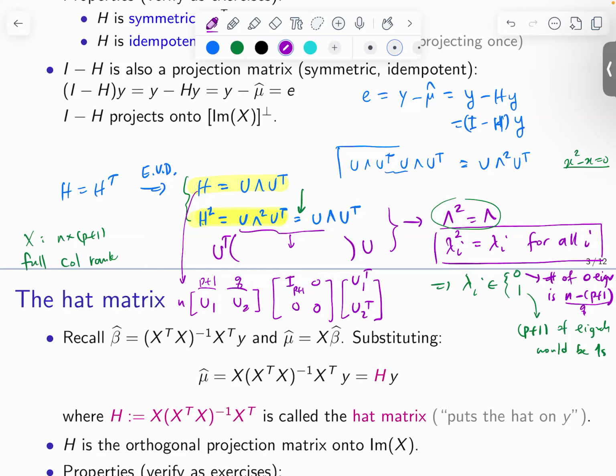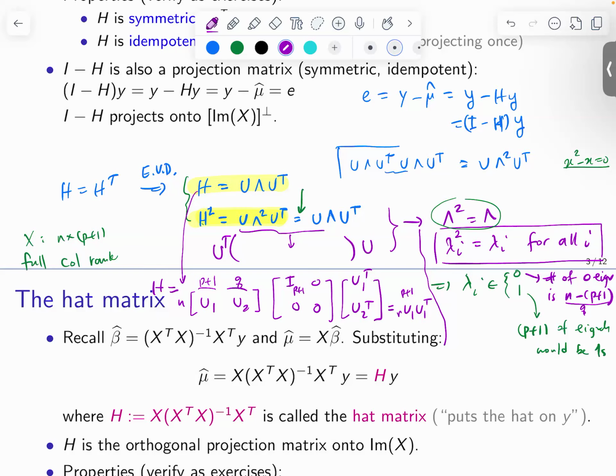You do the block decomposition, and then you multiply out, you get that H is equal to U1 U1 transpose. So this is like a truncated eigendecomposition. You just keep the eigenvectors associated with eigenvalue 1. That would be a matrix which is n by p plus 1, and then times U1 transpose. So something like this you do in your homework.